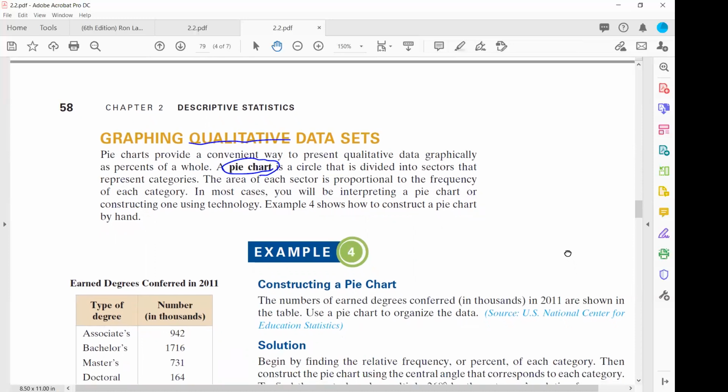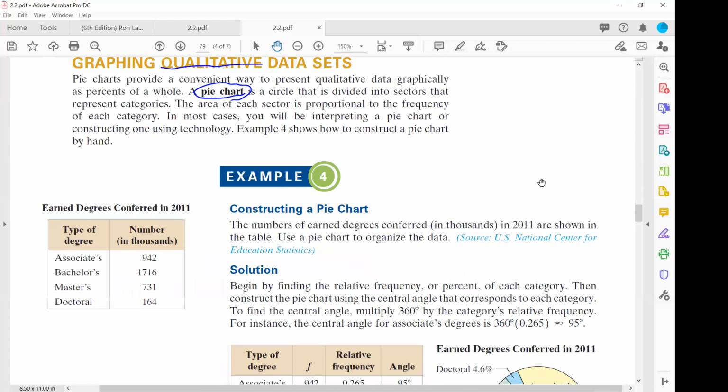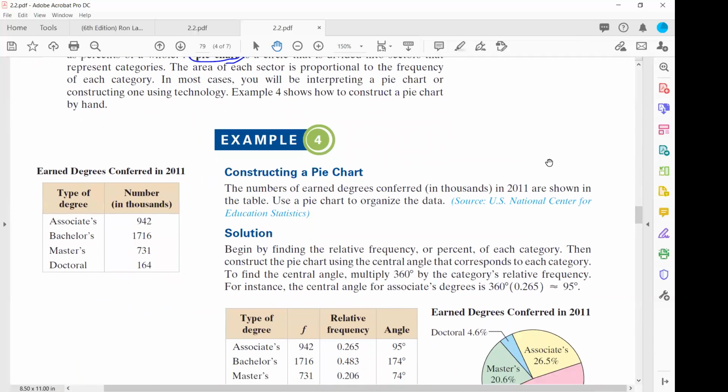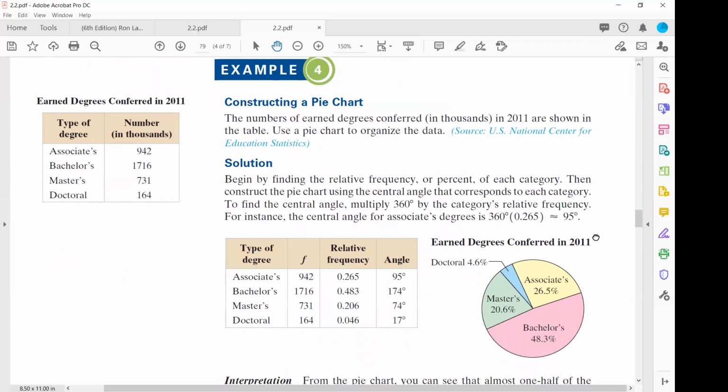A pie chart is a circular shape dividing each category. In this example, we have 4 categories: associate's degree, bachelor's degree, master's degree, and doctoral degree.